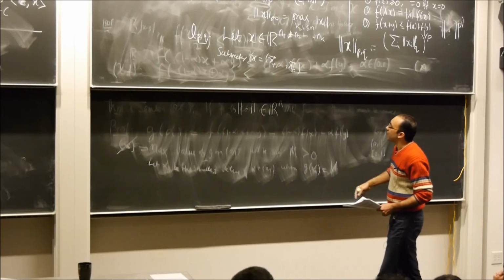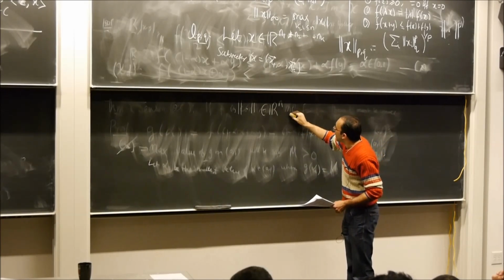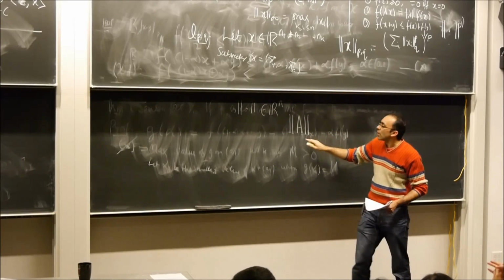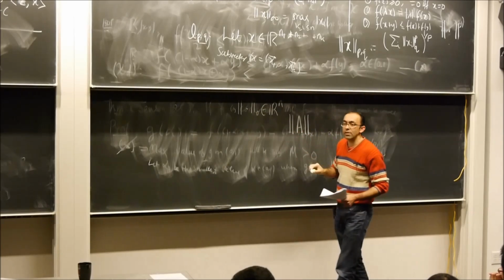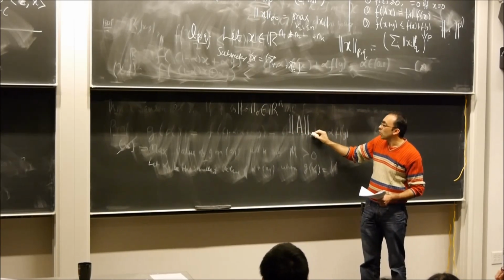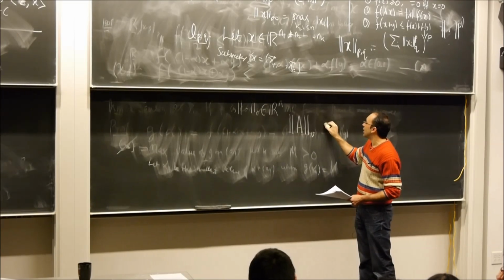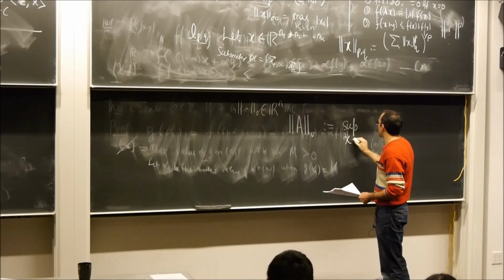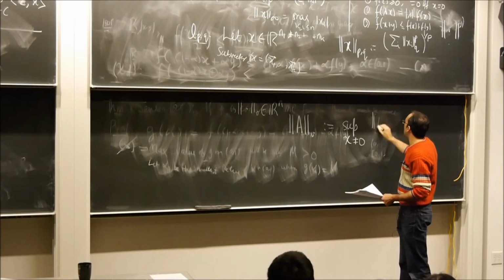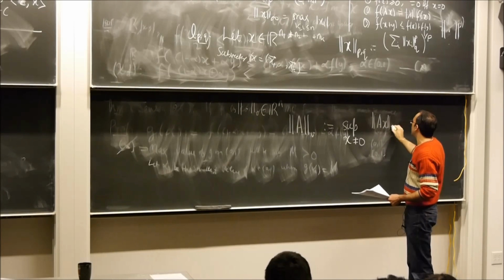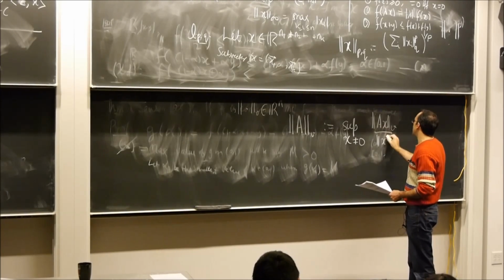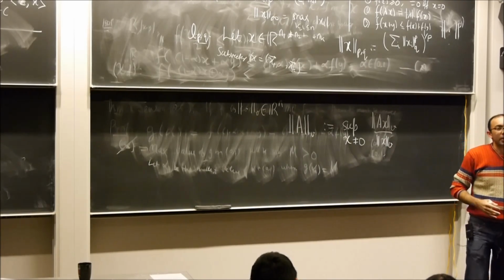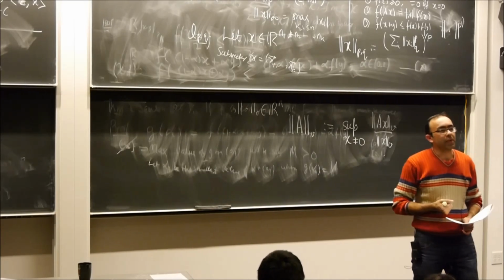Then for a matrix A, its operator norm, with a subscript V to highlight that it's a vector norm, is defined as follows: apply A to the vector x, take the vector norm, and see the largest possible scaling that your matrix can do of the vector. This is called an operator norm.